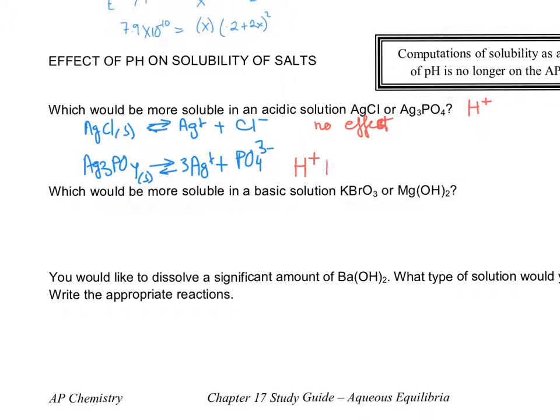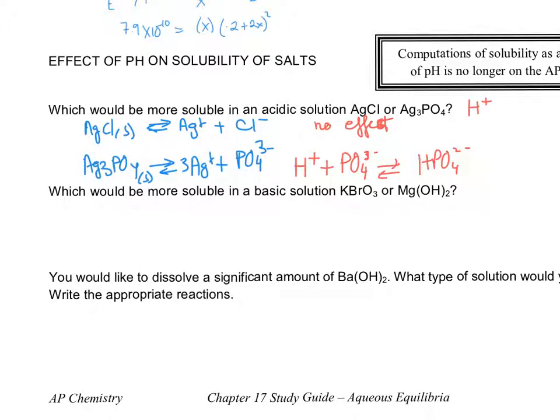H plus plus PO4 3 minus, that would be an equilibrium. And you would form HPO4 2 minus. You could argue that could also add an H plus to it and form H2PO4 minus, and so on. So what does that do?